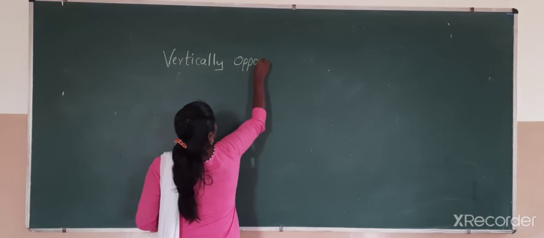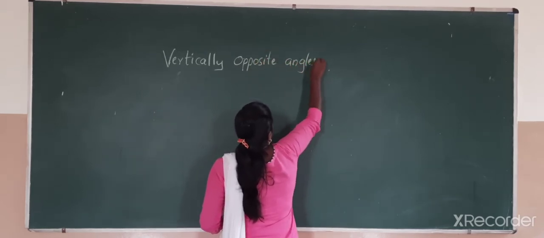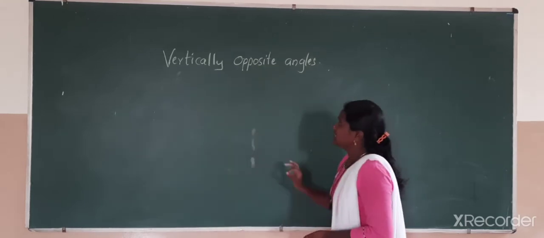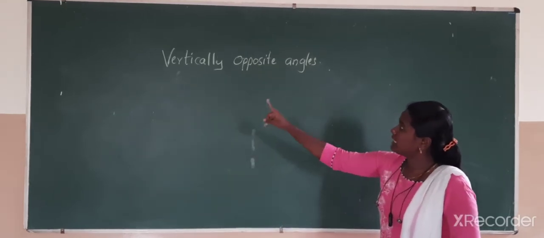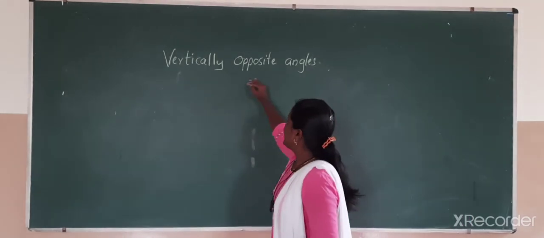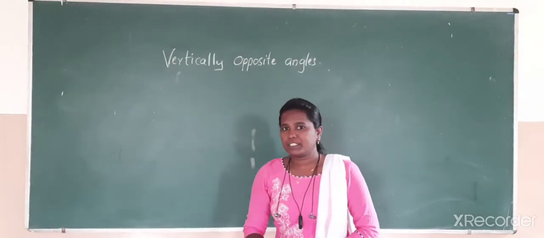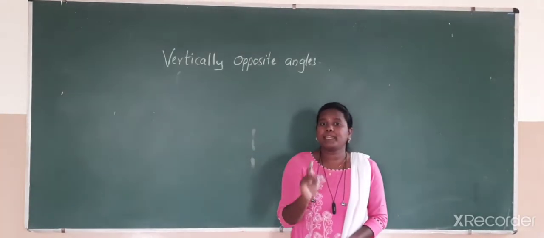Vertically opposite angles. The name itself says that these are vertically opposite angles. Yes. Vertically opposite angles. Angles means those are maybe 2 or more than 2, isn't it? We are learning the pair of angles.